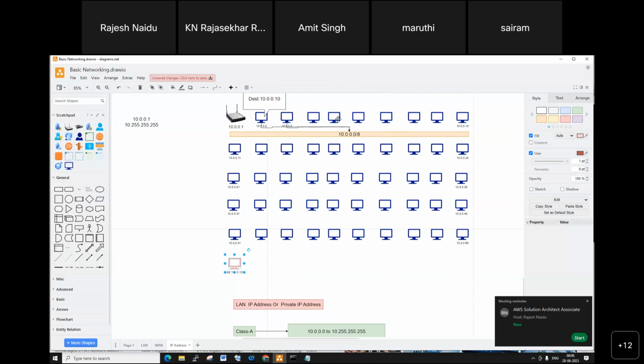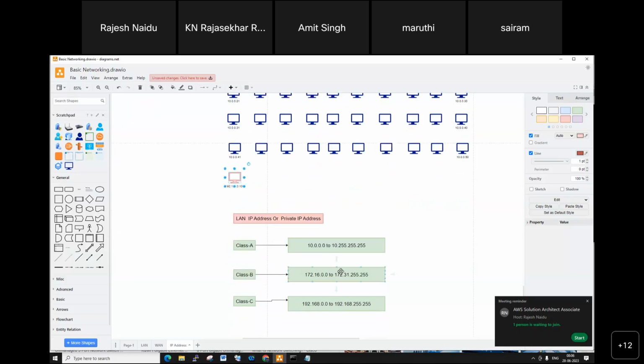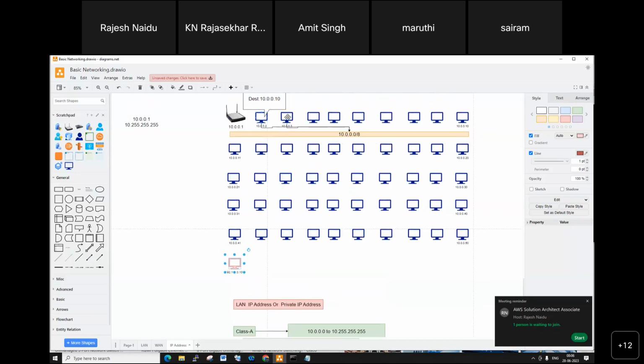How will we get them connected? That concept we will see in the next two to three days of classes. That's a suspense. If they are in the same network, we can communicate between 10.0.0.1 and 10.255.255.255, but 192.168 will not communicate because it is another network.